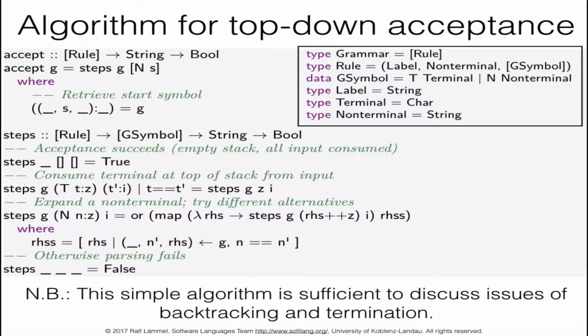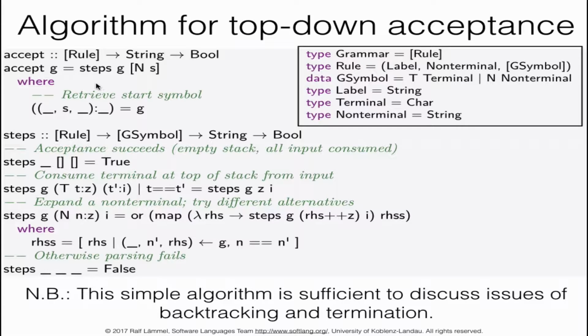So here's a very simple baseline encoding of top-down acceptance. Up here you see some possible encoding, let's say representation of grammars being lists of rules, rules being labeled, left-hand side non-terminal, right-hand side sequence of grammar symbols being either terminal or non-terminal.